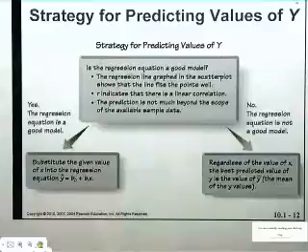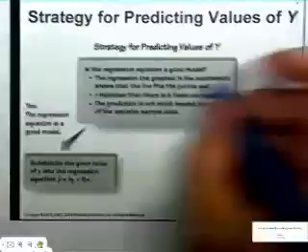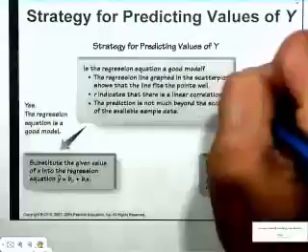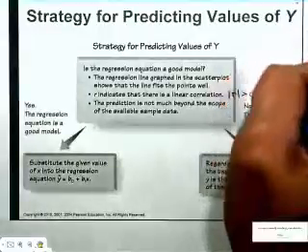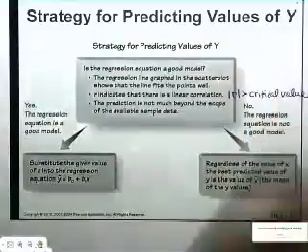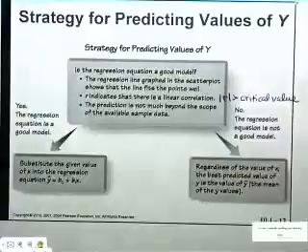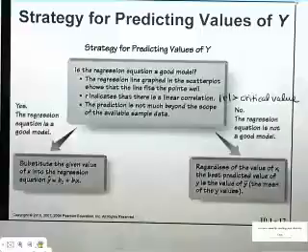The way that you make this decision is checking these 3 things. Look at the scatter plot and see if it looks like a line would fit it pretty well. Look at your R value. If there's a linear correlation, absolute value of R is greater than the critical value. Then yes, there is a linear correlation. And you're not trying to make a prediction beyond the data that you have, or very far beyond the data you have.